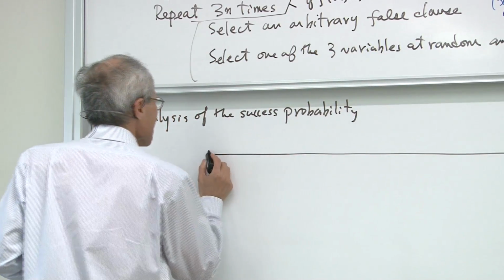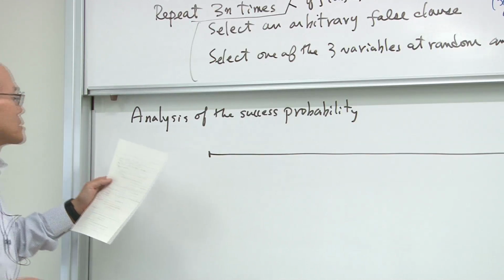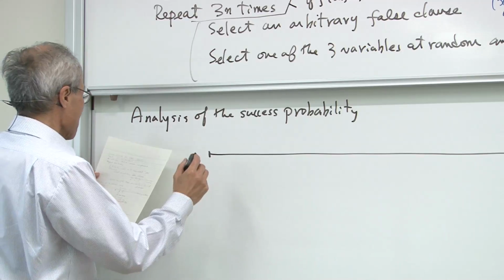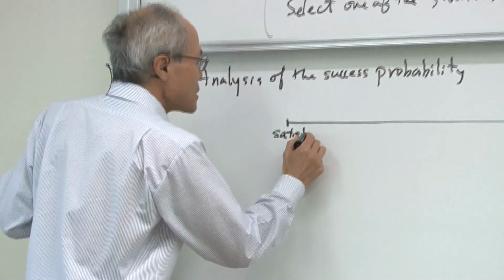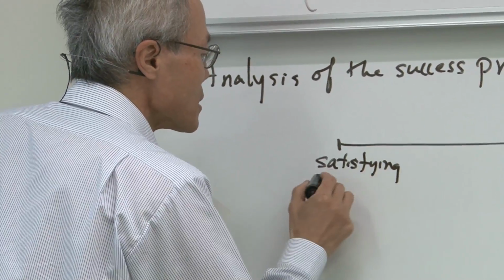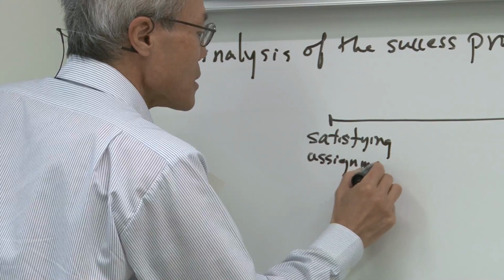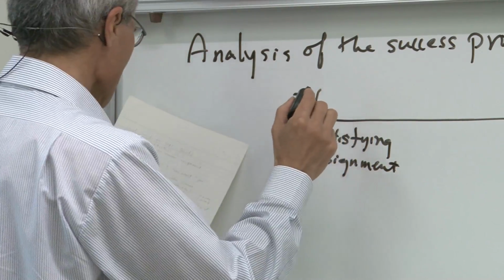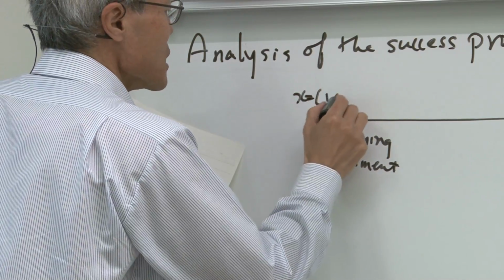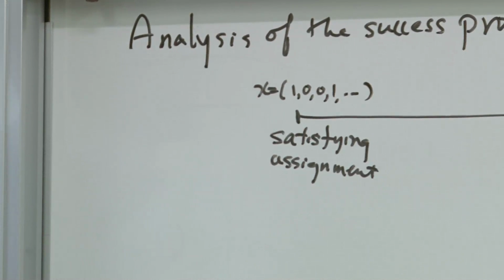Okay, suppose that this is your final goal. So this is a satisfying assignment. I don't know, something like x is equal to 1, 0, 0, 1. Suppose that this is a satisfying assignment, your final goal.